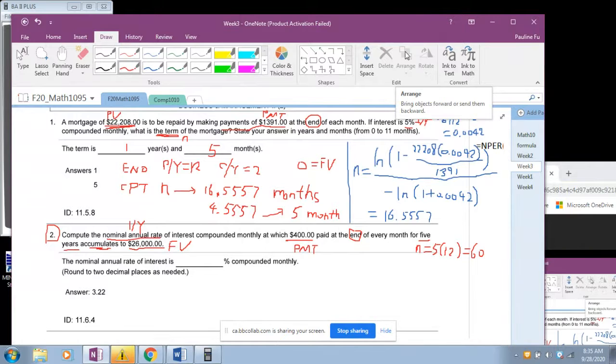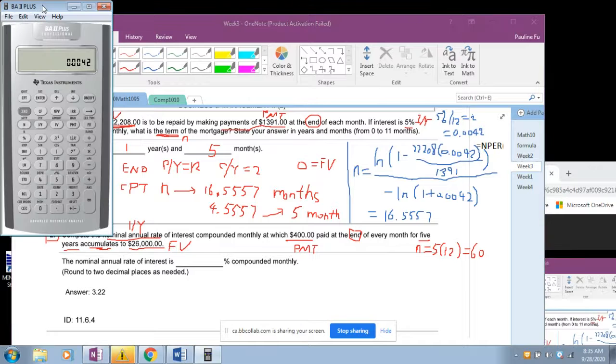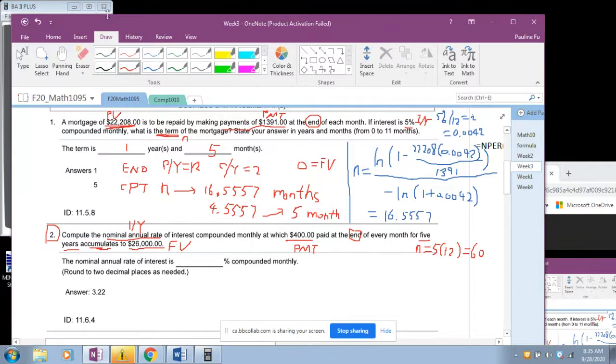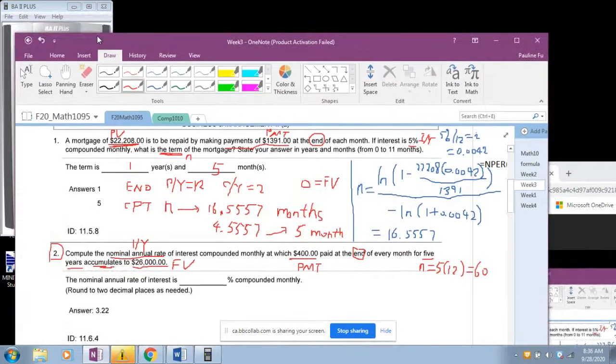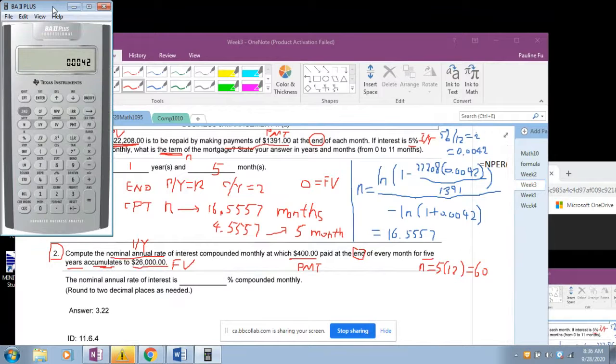So calculator. The setup is the same as the first question. Mod: P/Y equals 12, C/Y equals 12.